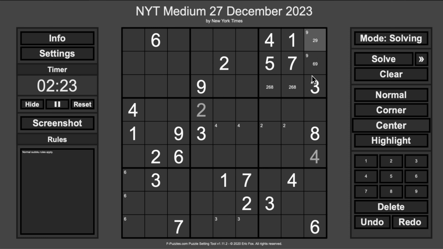Okay. Well, wait a minute. So neither of these are 8. So 8's in one of these 2 spots. 2, unfortunately, could still be here.